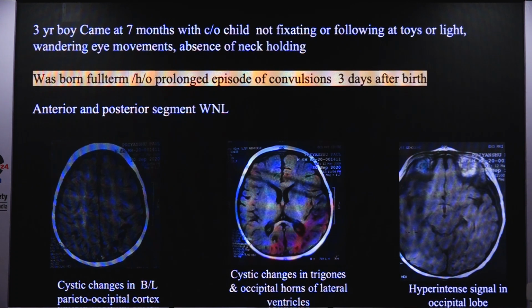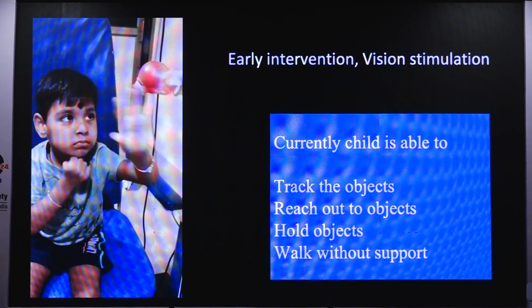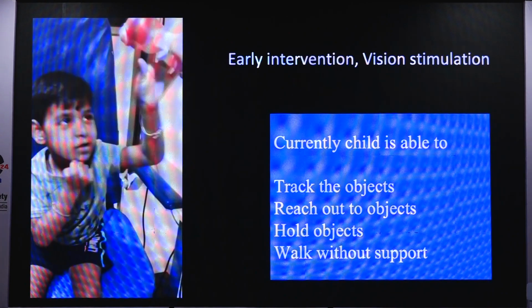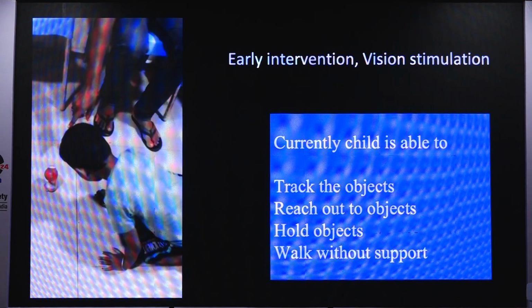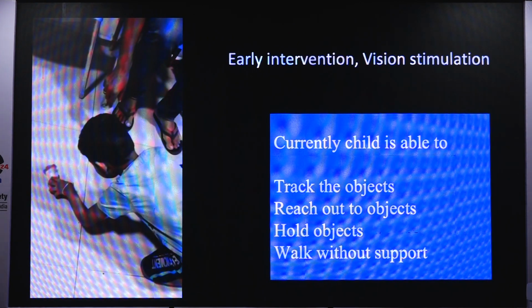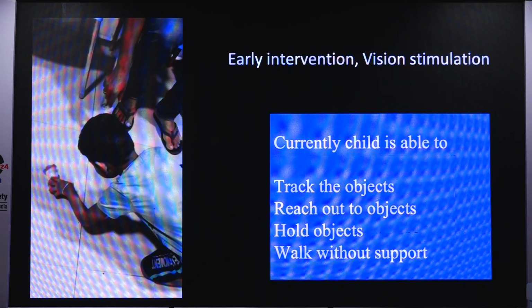His anterior and posterior segment was within normal limits, and his MRI showed cystic lesions in bilateral parieto-occipital cortex, cystic changes in the trigones and occipital horn of the lateral ventricle, and hyperintense signal in the occipital lobe. This child underwent early intervention and vision stimulation, and currently he can track objects, reach out objects, hold objects, and walk without support. So as Dr. Suma mentioned, early intervention can tremendously improve these children's performance.